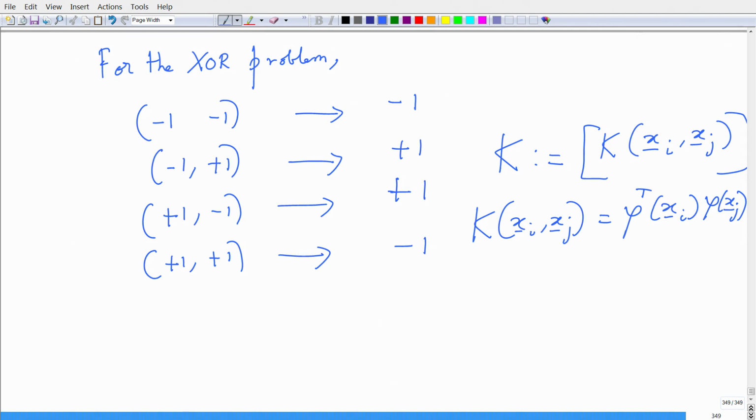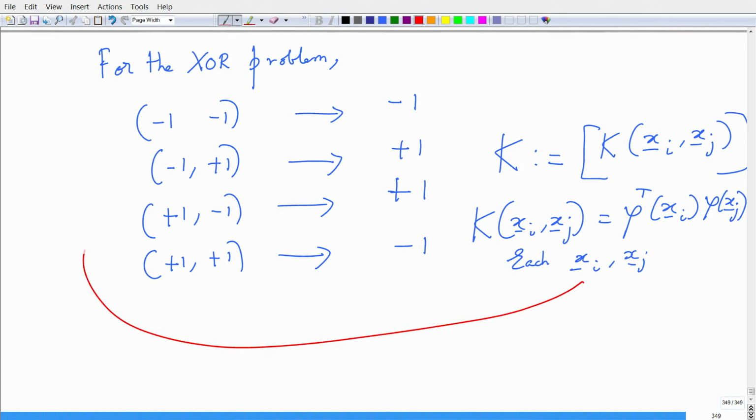Now, each xi and xj can take these pairs: -1 -1, -1 +1, +1 -1 and +1 +1. Okay. So, I get a 4 by 4 matrix when I compute the Gram matrix. You can verify this computation, and I get this matrix as 9 1 1 1, 1 9 1 1, and so on.